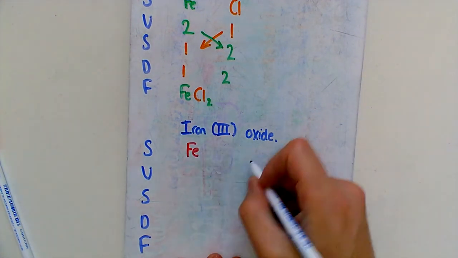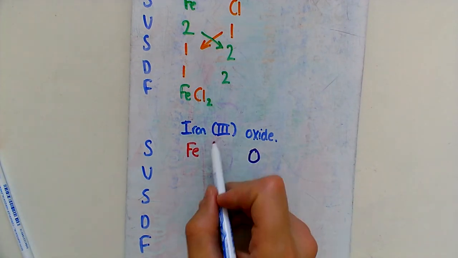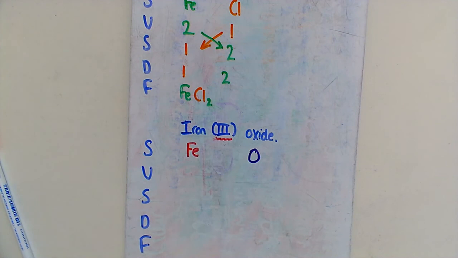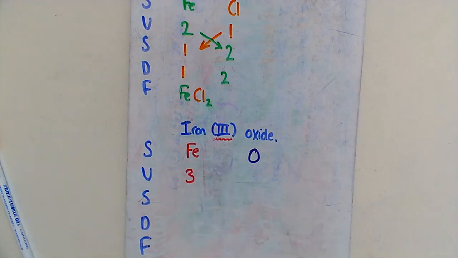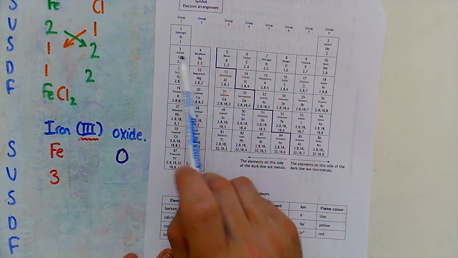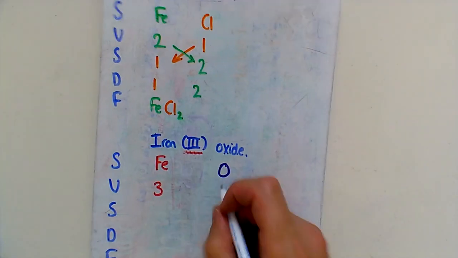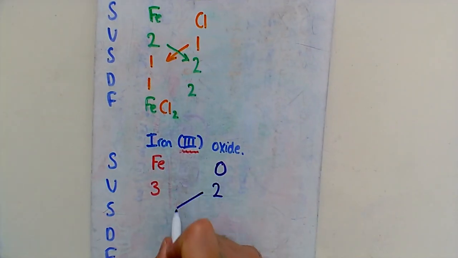The symbol for oxygen is O. Now this time, we've got III, and that means the valency is 3. Oxygen is in group 6. Here, valency goes 1, 2, 3, 4, 3, 2. So the valency is 2.